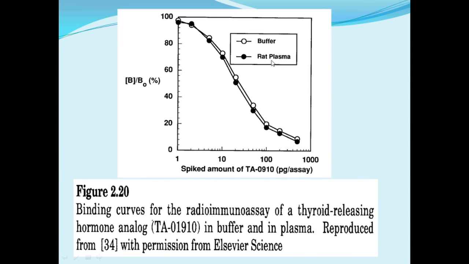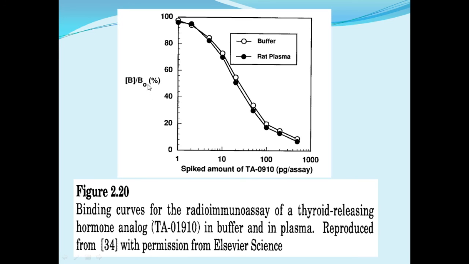Buffer and rat plasma binding curve for radioimmunoassay of thyroid releasing hormone analog TA 01910. This shows buffer and the dark round showing rat plasma.